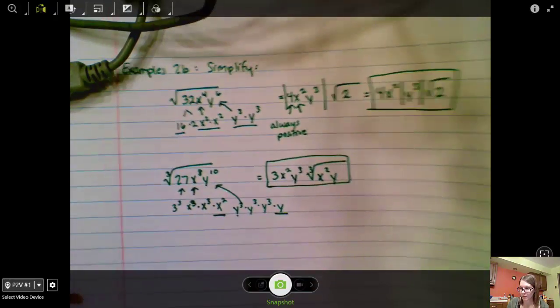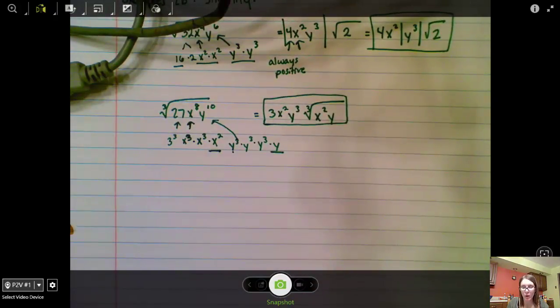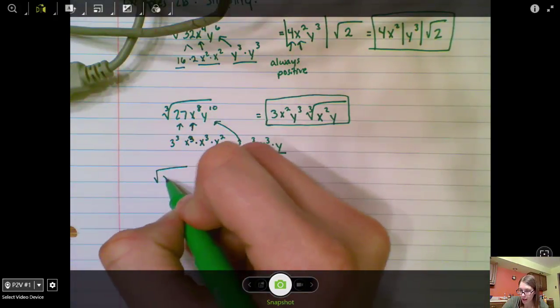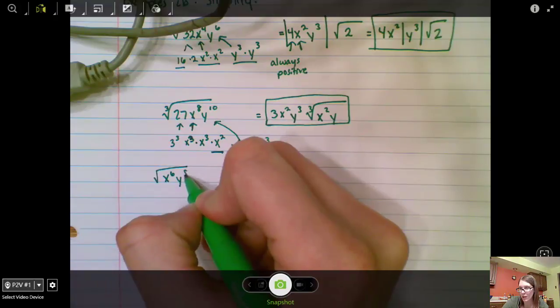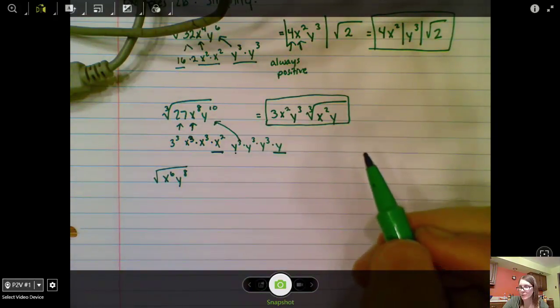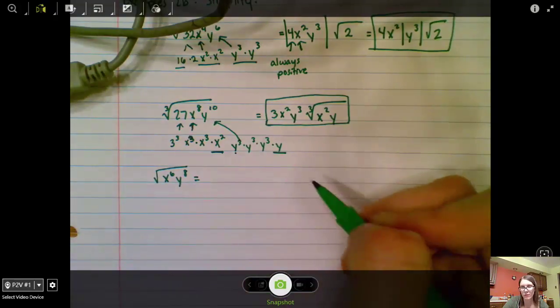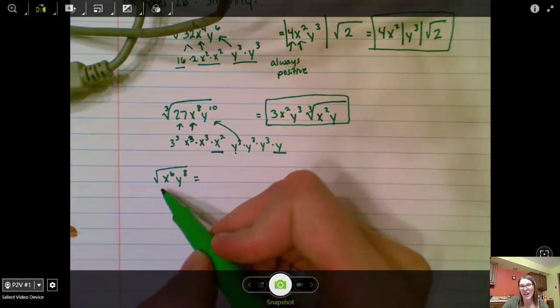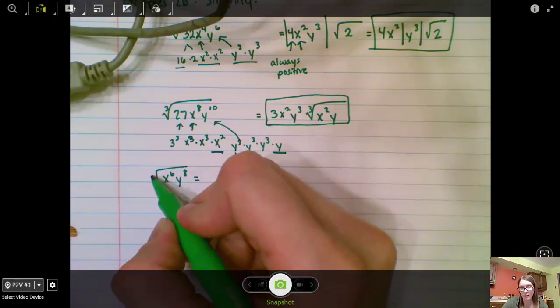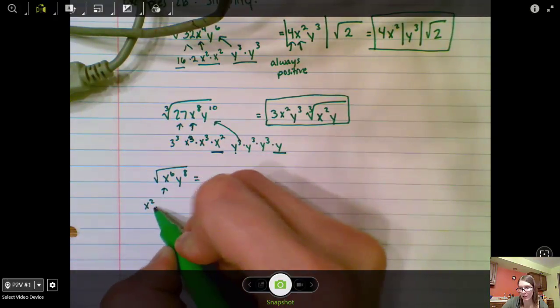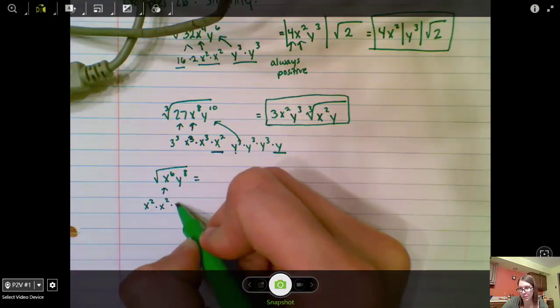One last one to look at: what if I had the square root of x to the 6th, y to the 8th? X to the 6th, since it's a square root, let's think about how many x squareds fit there.